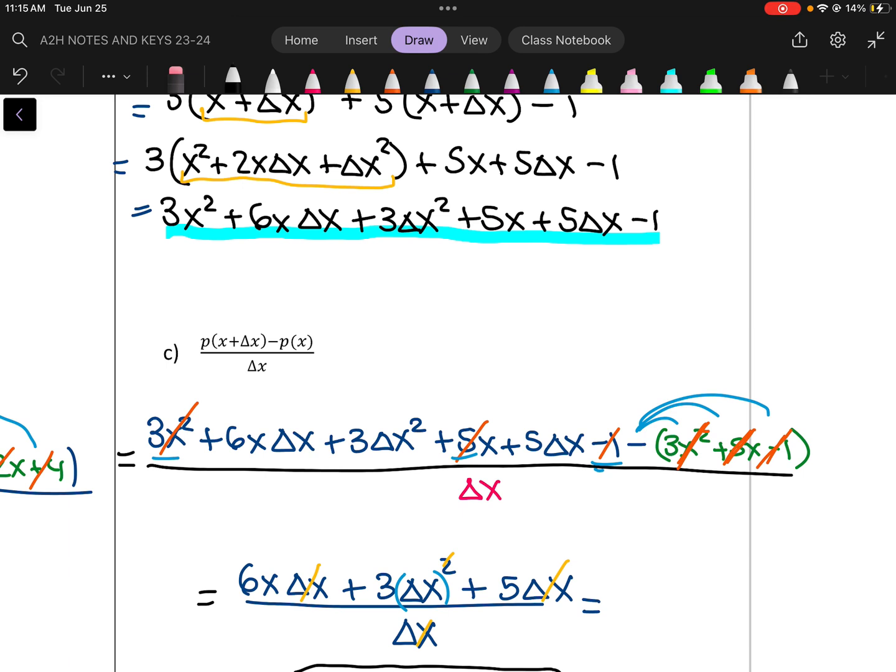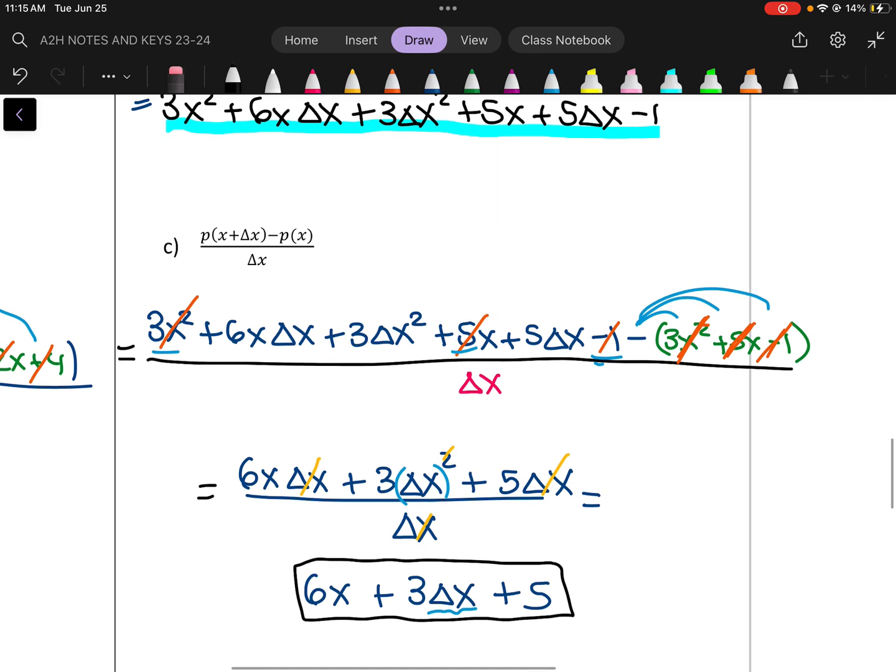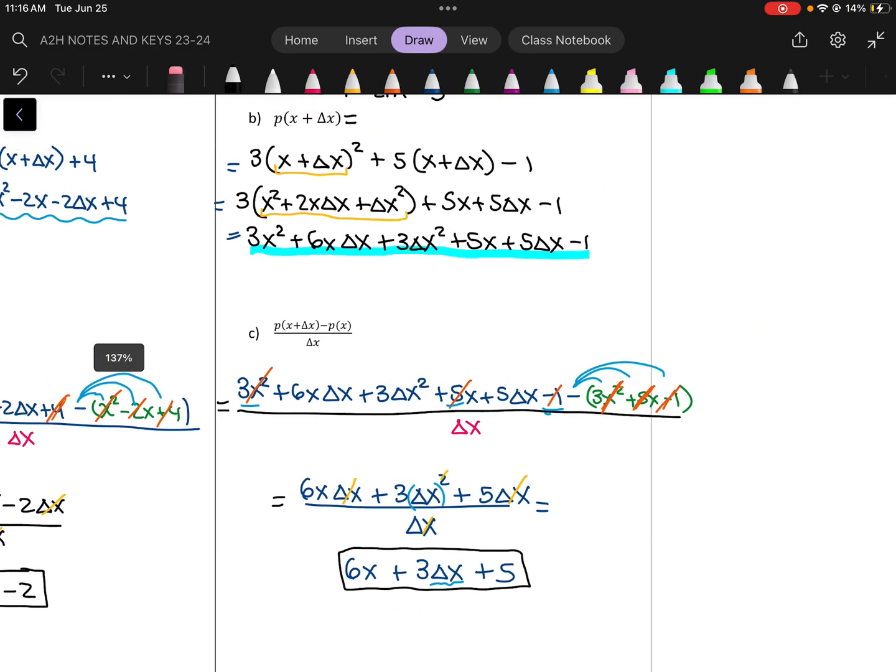Just like we did in part C, a delta x is in common everywhere. You can take it out as GCF or just say to yourself, I can divide out a delta x from every single term, including the denominator, and you should get 6x plus 3 delta x plus 5. All right, hopefully you are getting the hang of it.